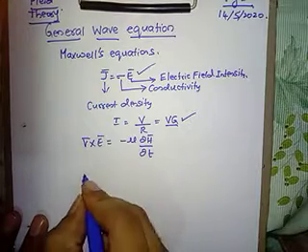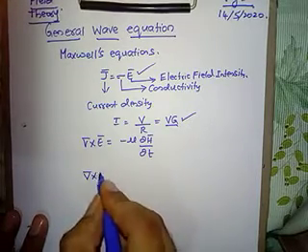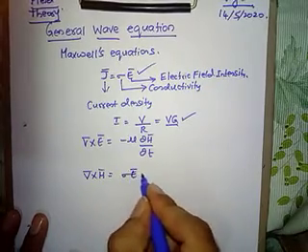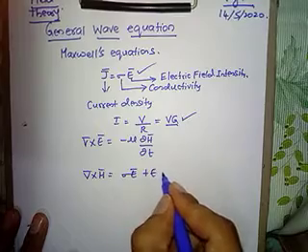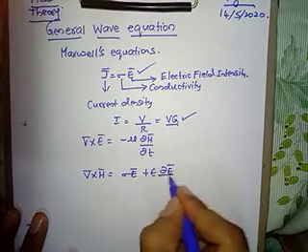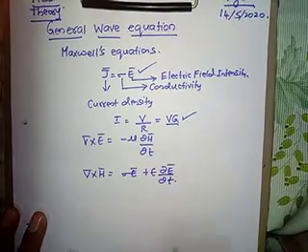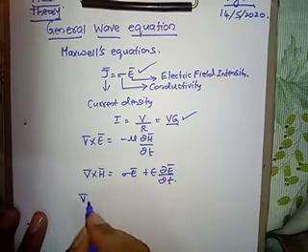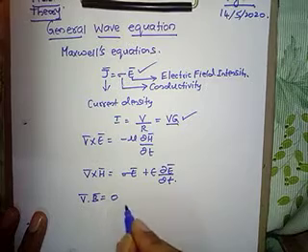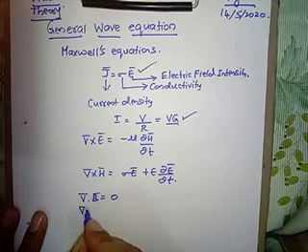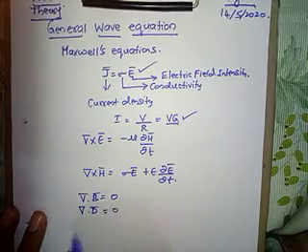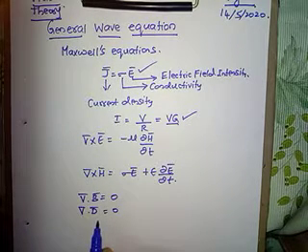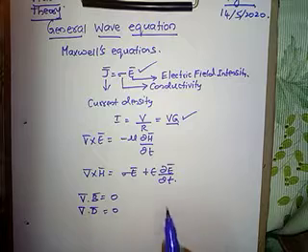Then another equation we have is del cross H bar is equal to sigma E bar plus epsilon dou E bar by dou t. This is the second Maxwell's equation. Then del dot B bar is equal to 0 and del dot D bar is equal to 0. The divergence of magnetic flux density is 0, and the divergence of electric flux density is 0.